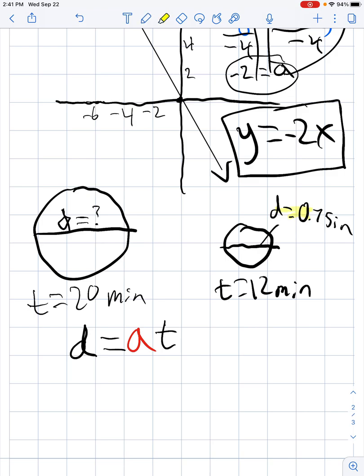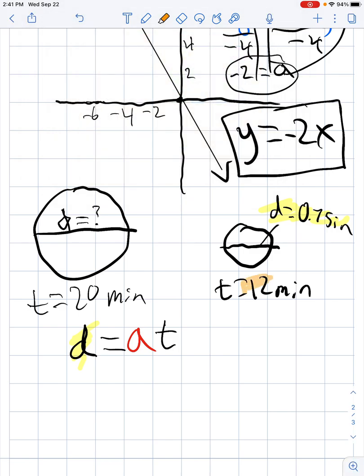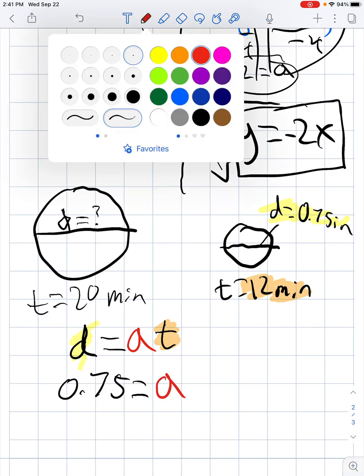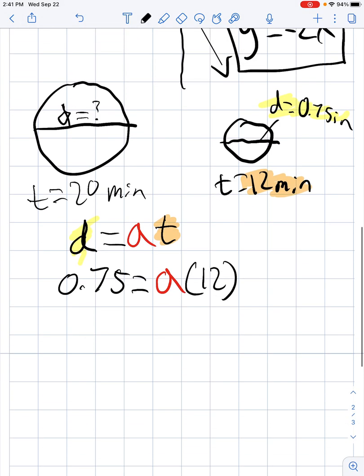So let's use our smaller one because again, I know what d is and I know what t is. We don't ever want to have two variables that we don't know because that makes it a lot harder to solve. So I'm going to plug these in, substitute them in, still trying to figure out a, but I know that t is 12.